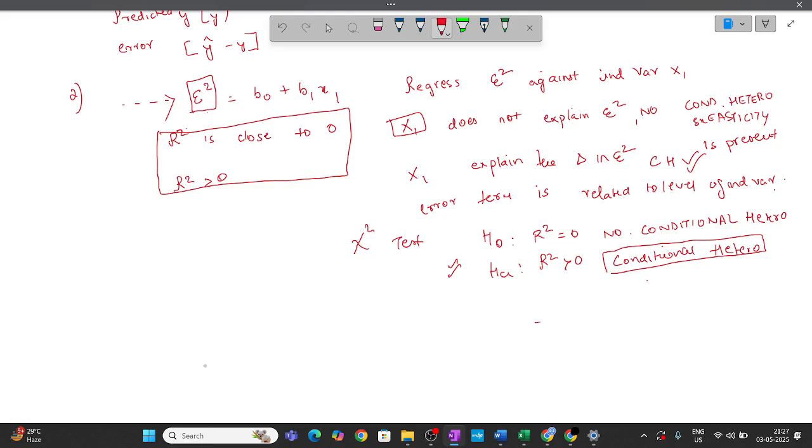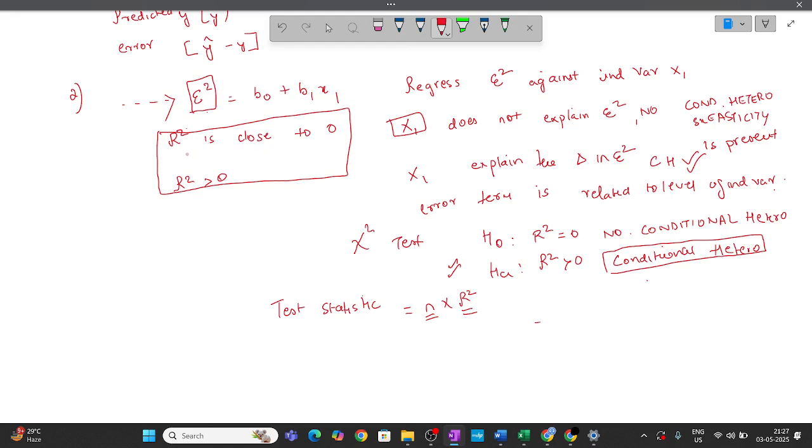तो again अपने chi-square test रन करेंगे. अच्छा, इसका test statistic क्या होगा? N into R square. ठीक है, N is the number of observations, R square is your coefficient of determination from the second regression, right?